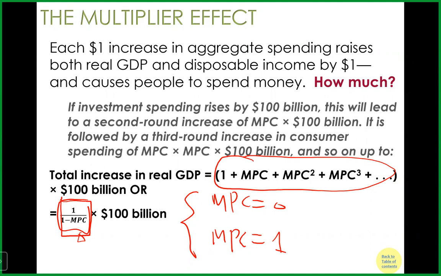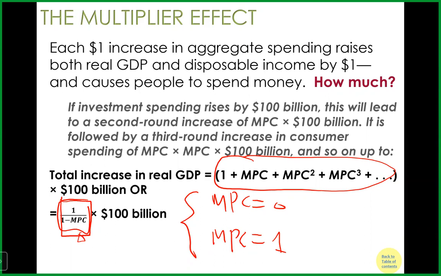So now go to the other extreme. MPC equal to 1. What does that mean? You spend all your money. Now you can see this thing is going to move perpetually, right? It never stops. And so this multiplier goes to infinity, right? Because 1 divided by 0 equals infinity.